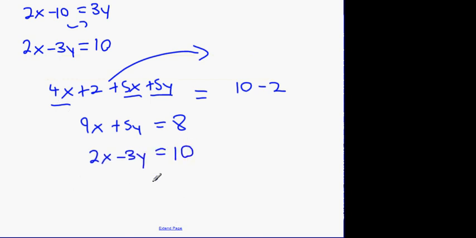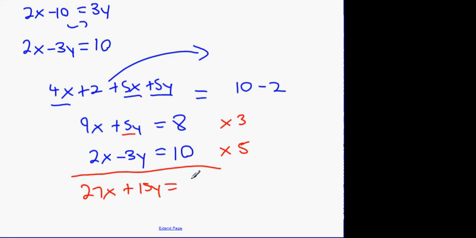Okay guys, which ones would you like me to get rid of? The y's. Get rid of the y's, okay? Sean, what do I multiply the top one by to get rid of the y's? 3. Exactly, and the bottom one? 5. So 3 by 9, 27x, 3 by 5, 15y, and 3 by 8, 24.